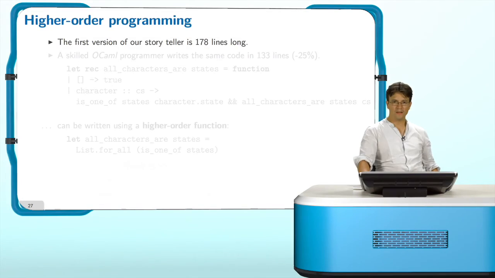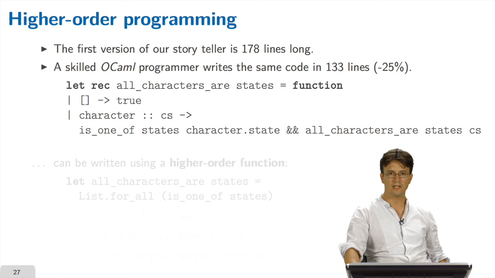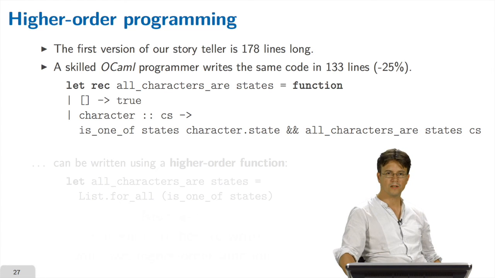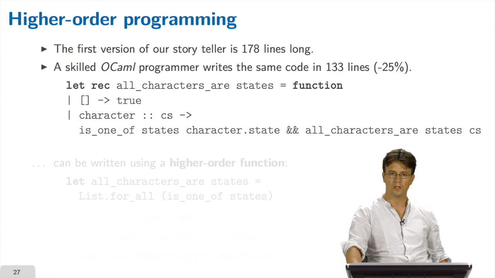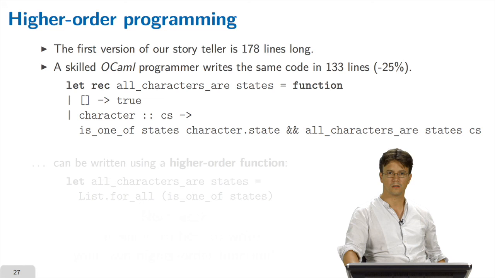Another remark is how concisely you can write your program. In the first version of our storyteller, we had to write 178 lines of code. In fact, a skilled OCaml programmer would have written the same code in fewer lines.